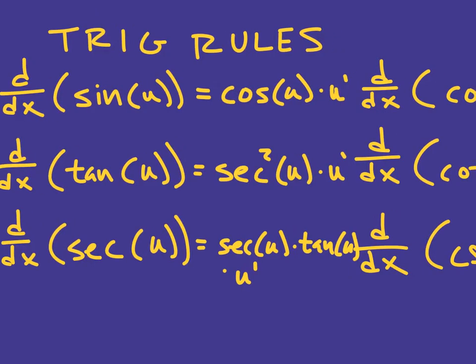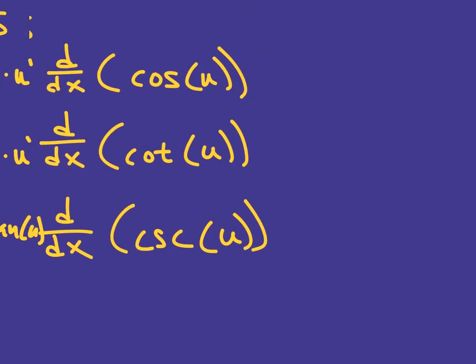Now looking at the other ones, my cofunctions, remember they're going to be the opposite of what we had, so they're negative, and then the cofunction of that other derivative. So the derivative of cosine of u is going to be negative sine u times u prime.